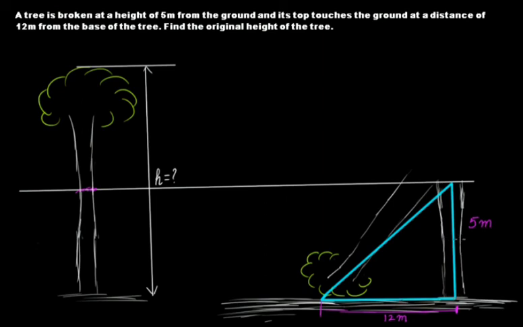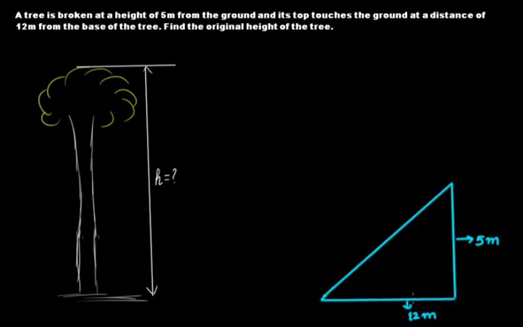So this is 5 meter, this is 12 meter. You have to find this height of this tree. So let's do it. We have this 5 meter, we have this 12 meter, right? So what we can find from this triangle is this one. Let's assume that this is c.